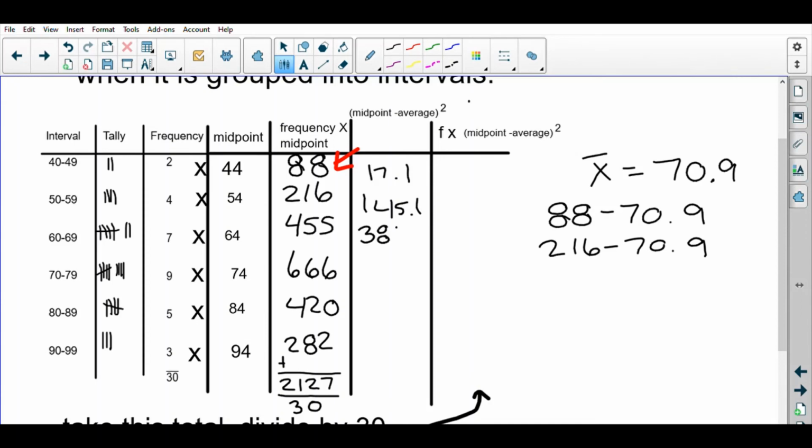You do the same. Next step in my chart, I need to take each of these values and square them. So 17.1 times 17.1 is 292.41.